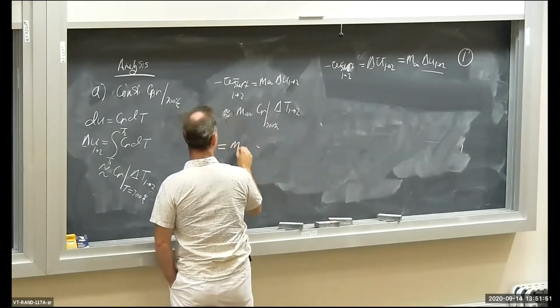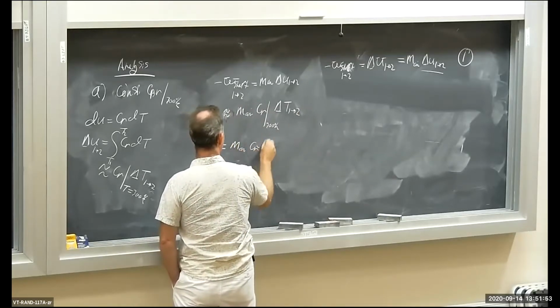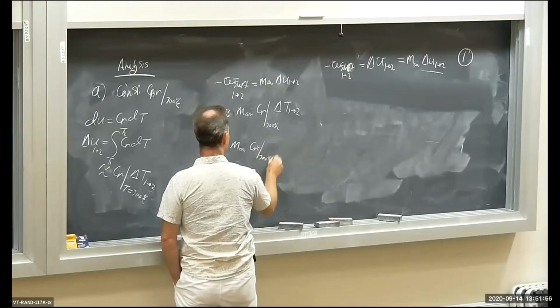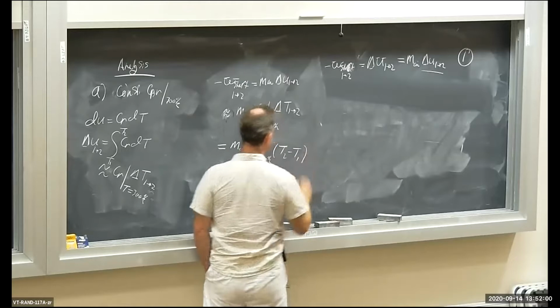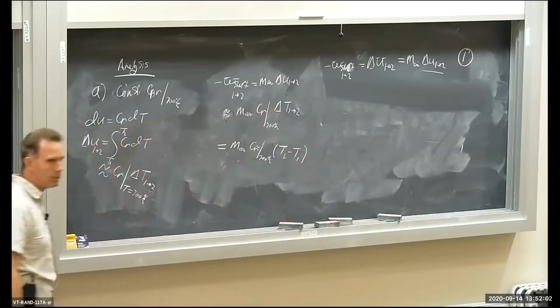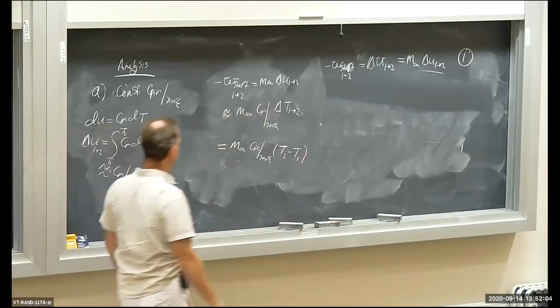That's equal to the mass of the air, Cv evaluated at 300 degrees Kelvin. Delta T is T2 minus T1, that's delta T over the process.